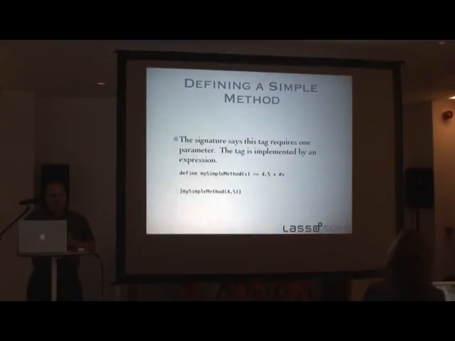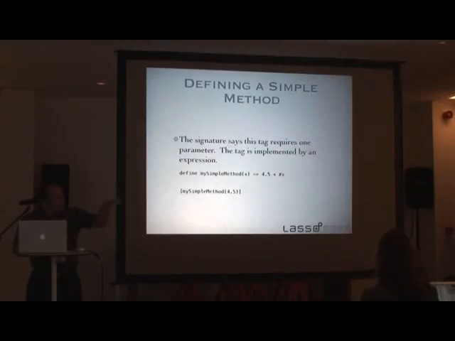What I think of my simple method x as is a template for how I'm going to call this tag in the future. And here I'm saying I'm going to call my tag and I want one parameter, and that parameter I'm going to call x. And I don't care what type that parameter is. Then the implementation of this method is 4.5 times the local variable x.